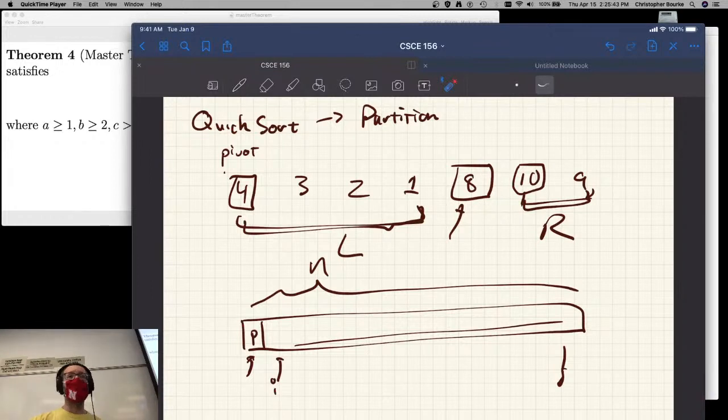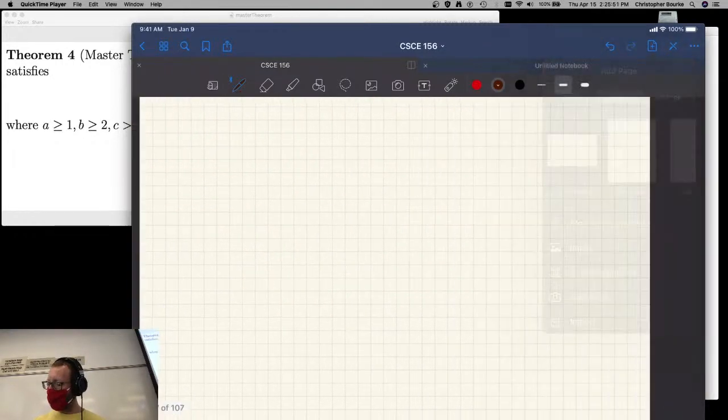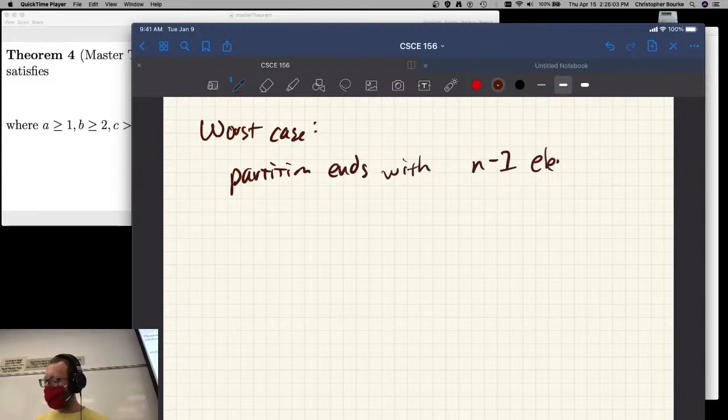The largest element, or shoving them all on the other side, the minimum element, right? So in the worst case, the partition ends with n minus 1 elements in one and 0 in the other.